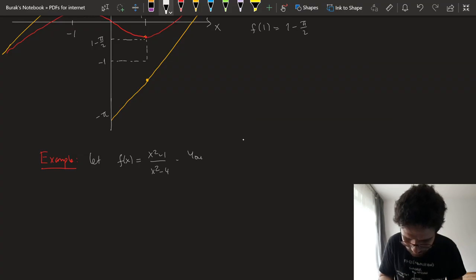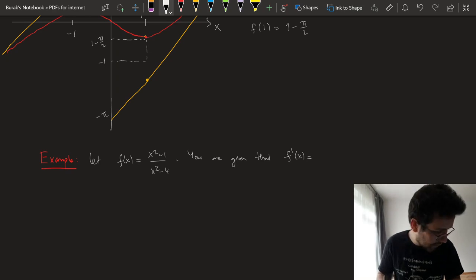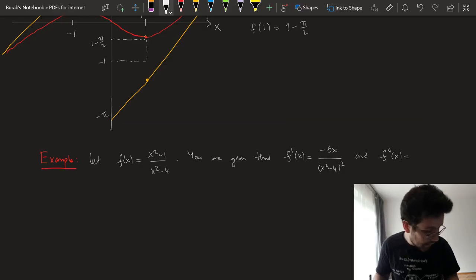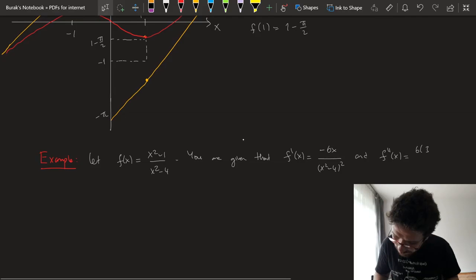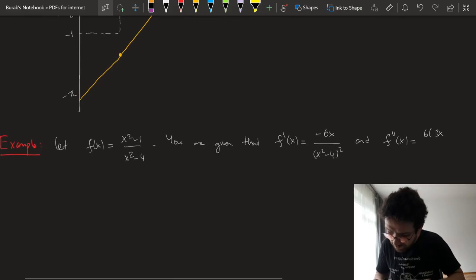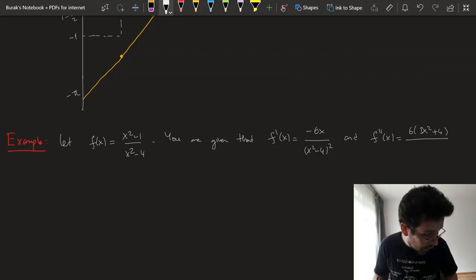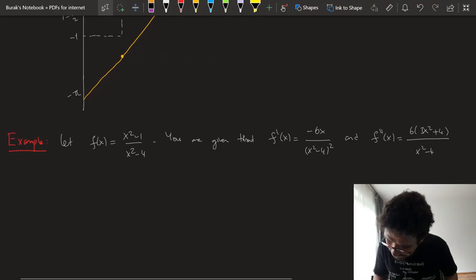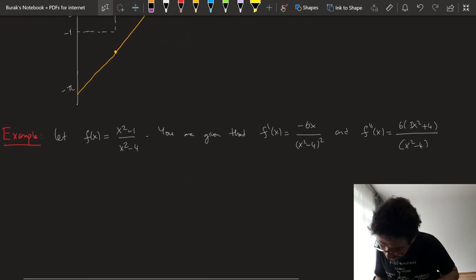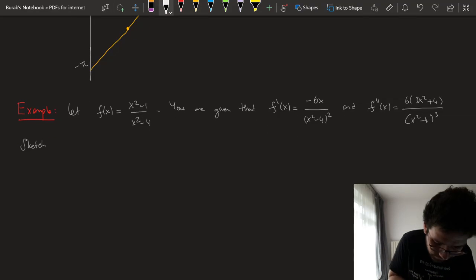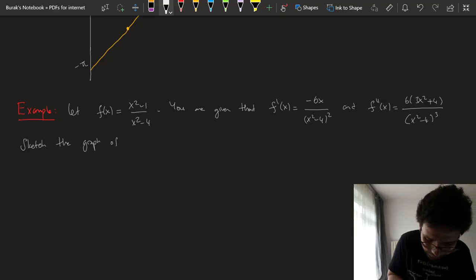You are given that f prime of x is minus 6x divided by (x squared minus 4) squared, and f double prime of x is 6 times (3x squared plus 4) divided by (x squared minus 4) cubed. Okay. This is a question from your book. Sketch the graph of f.